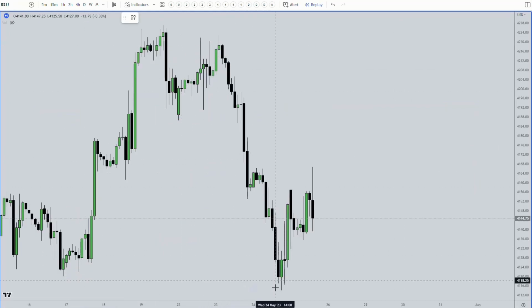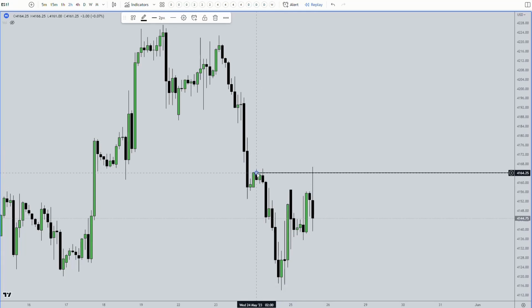Having worked our way down from all up here, taken out some liquidity down below here, what I assume to be the major swing point, so basically the crucial lower high to break for a new uptrend, was the level of around $4,164.